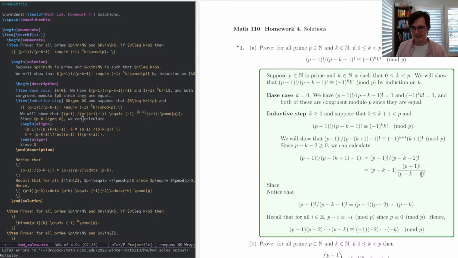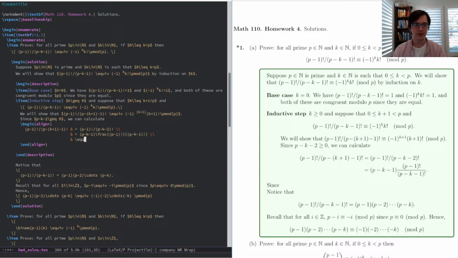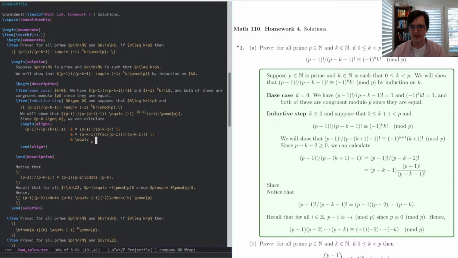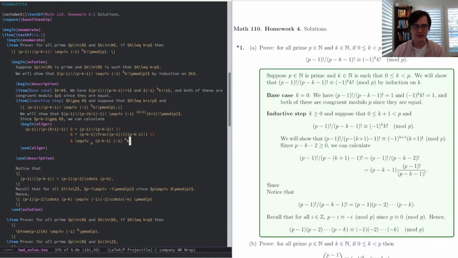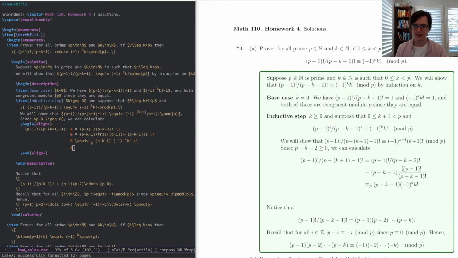Okay, and then what? Well, mod p, this is equivalent to p minus k minus 1 times the left-hand side, by the induction hypothesis, right?